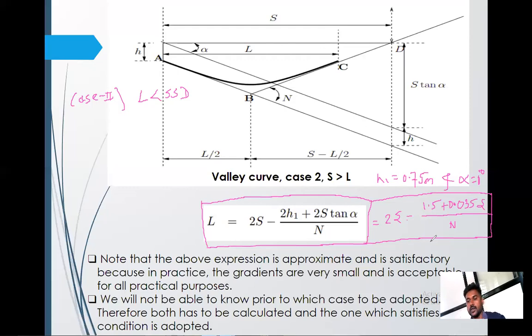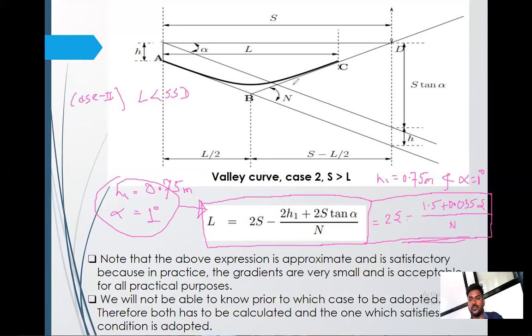Okay, so this will be my generalized formula when I put H1 as 0.75 and alpha as 1 degree. What is H1? H1 is the height of the headlight, and alpha is the angle of the headlight beam. As per the IRC, height of headlight is taken as 0.75 meter and angle of headlight beam is taken as 1 degree. If I put these values into this formula, then my formula will become like this.